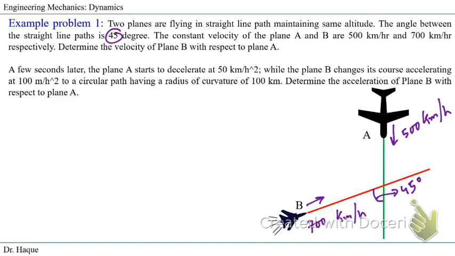They want the velocity of plane B with respect to A. They want us to find that.